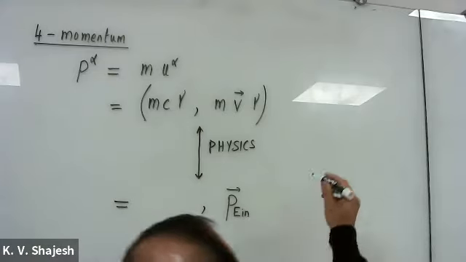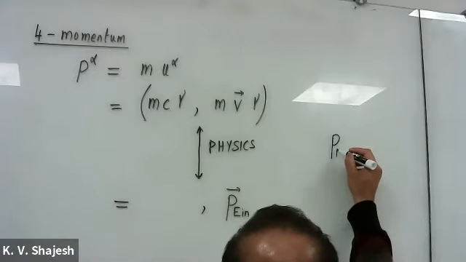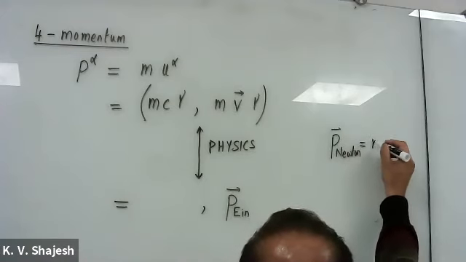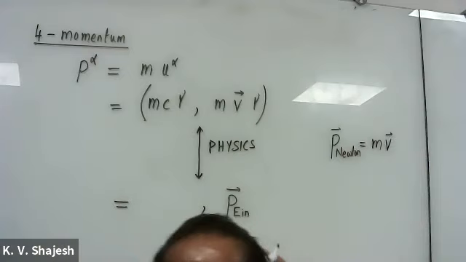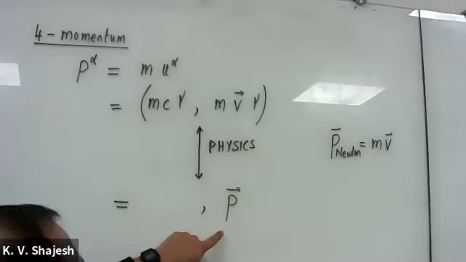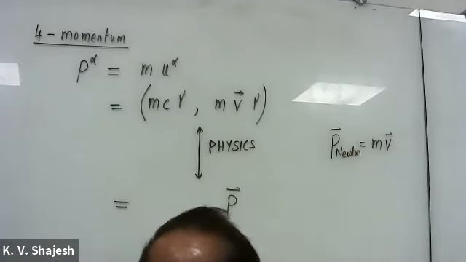Newtonian momentum is mv. This is just P. That's going to be our P, but P Newton is mv.